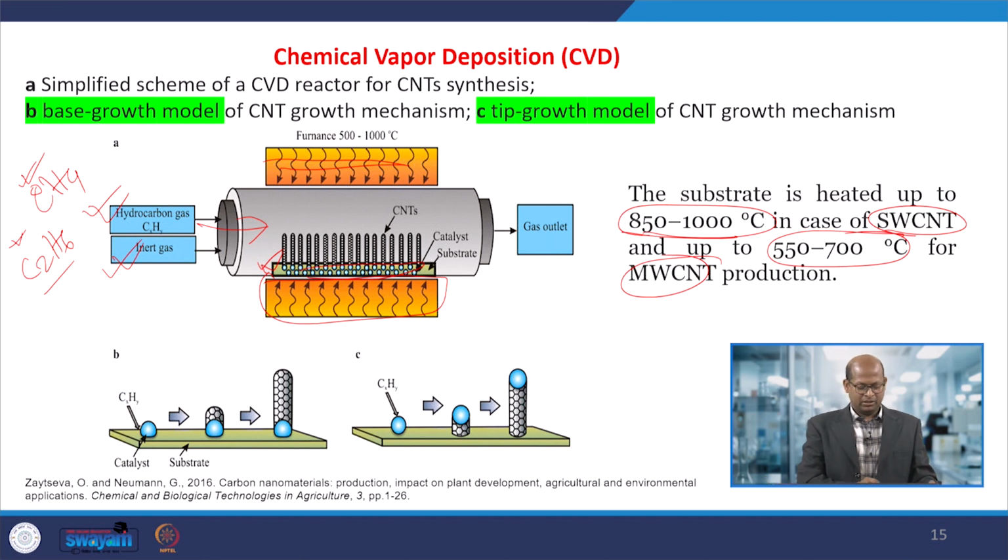Here two different types of growth mechanisms are shown. In one type of growth, the catalyst is present over the surface of the supports, and in the other, the catalyst is at the top of the CNT. This is the CNT basically, when it grows over the substrate and the catalyst moves up, detached from the surface of the supports.